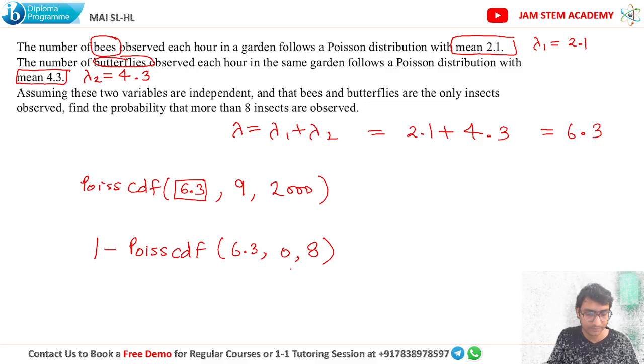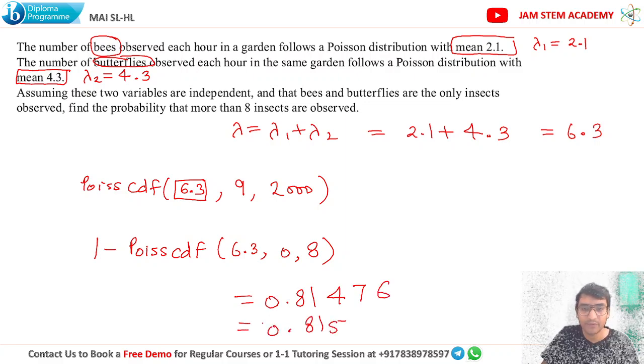It is 0.81476, or I can say 0.815. That's the answer. You can use either method to get your answer.